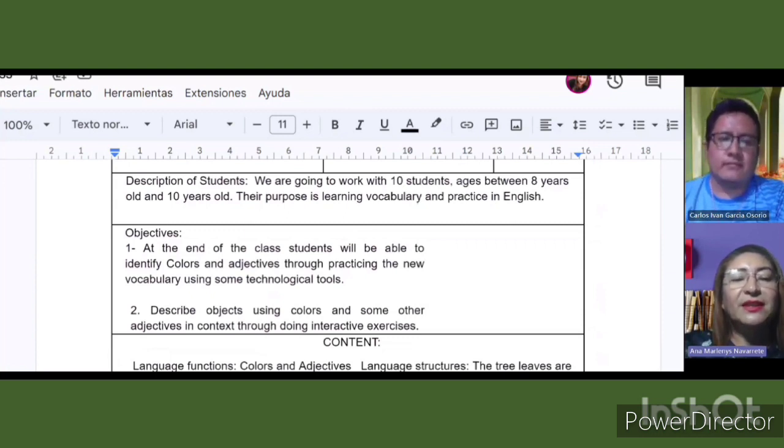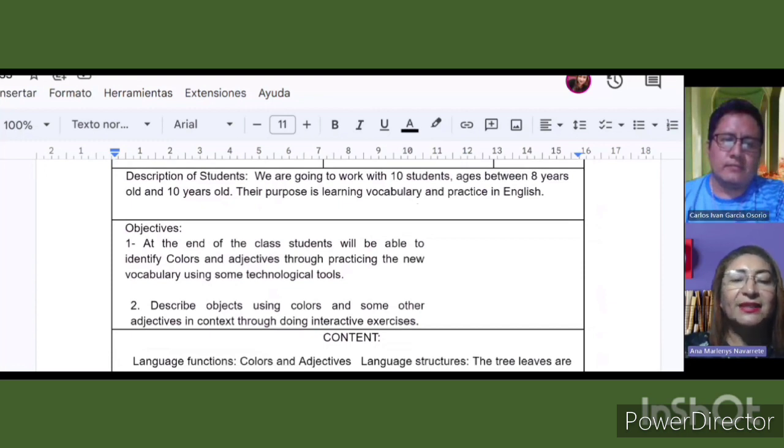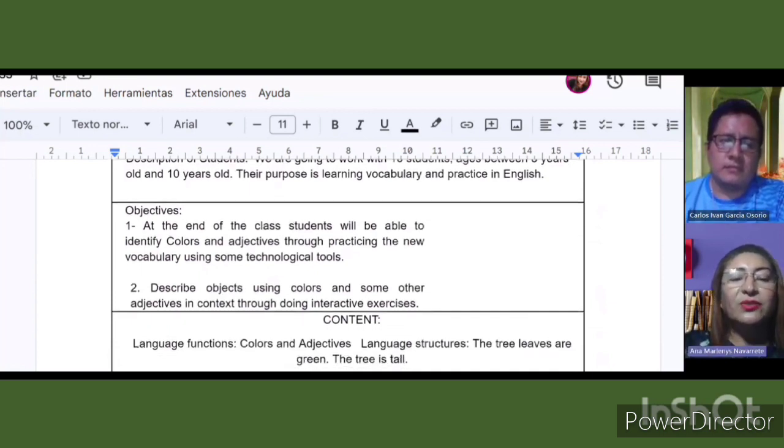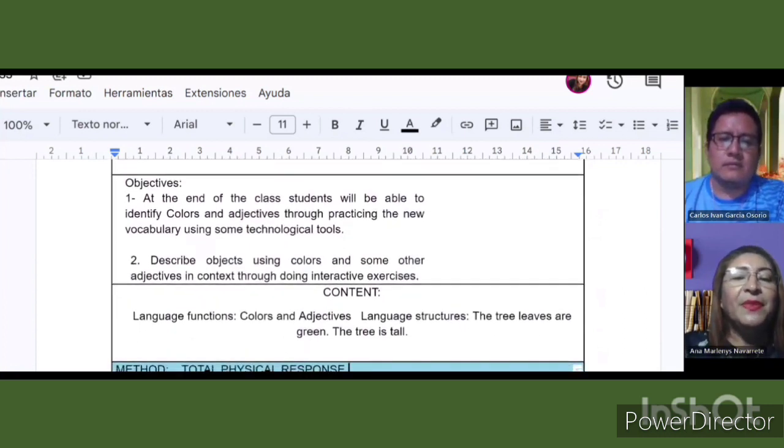Also, the SMART objectives are that at the end of this class, students will be able to identify colors and adjectives, through practicing the new vocabulary using some technological tools also. And the second one is to describe objects using colors and some other adjectives in context by doing interactive exercises.